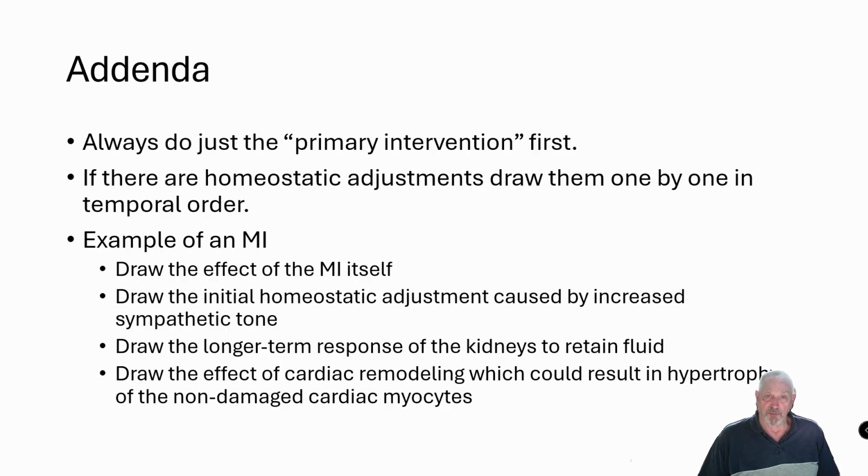And then you might get retention of fluid, increasing the volume in the container relative to container size. And then finally, you might get some cardiac remodeling or hypertrophy of the healthy cells that would cause the cardiac function curve to go back towards where it started from. And if you draw these one by one, you can follow what the progress of each intervention does, and it makes these curves very, very useful.